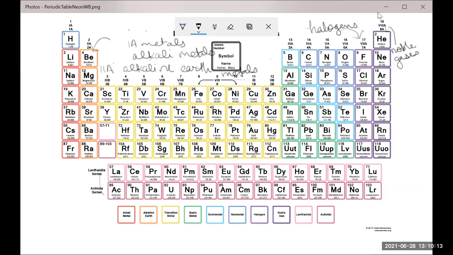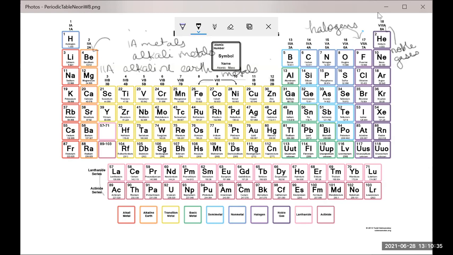Each column is called a group or a family, and we can separate out our periodic table between main group elements and transition elements. We know the difference between metals, nonmetals, and metalloids based on the staircase here.